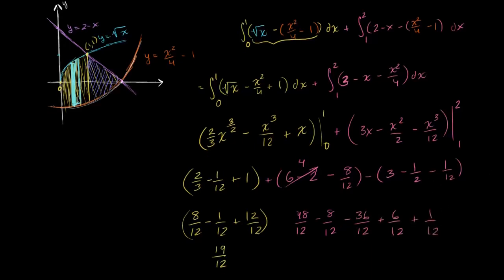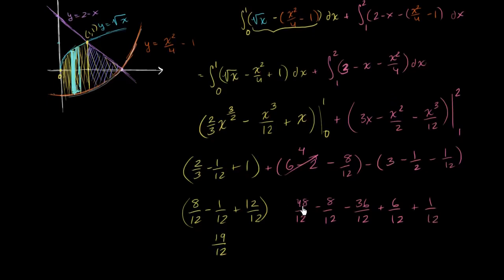So this all simplifies to 48 minus 8 is 40, minus 36 is 4, plus 6 is 10, plus 1 is 11. So this becomes plus 11 over 12. Let me make sure I did that right: 48 minus 8 is 40, minus 36 is 4, 10, 11. So that looks right.